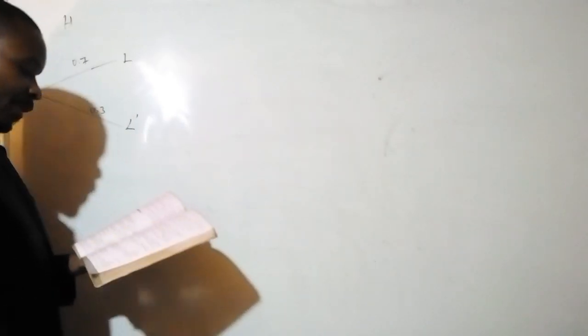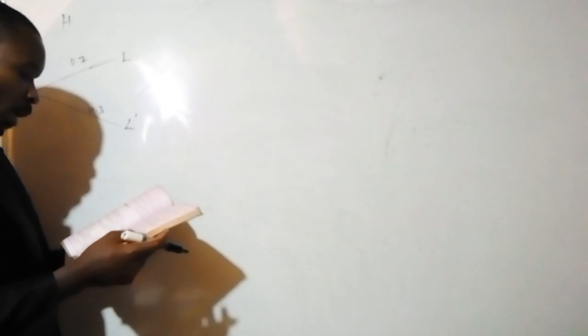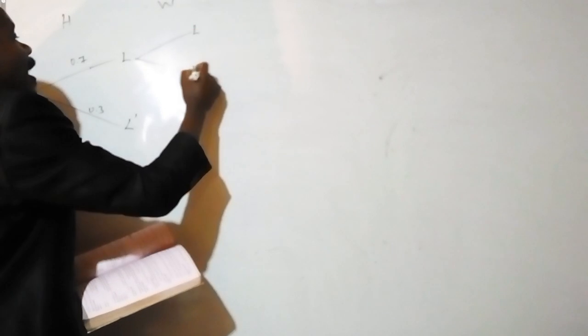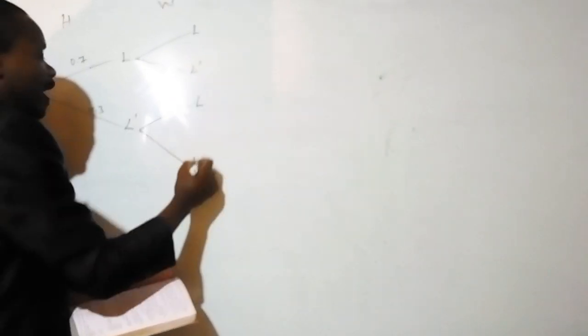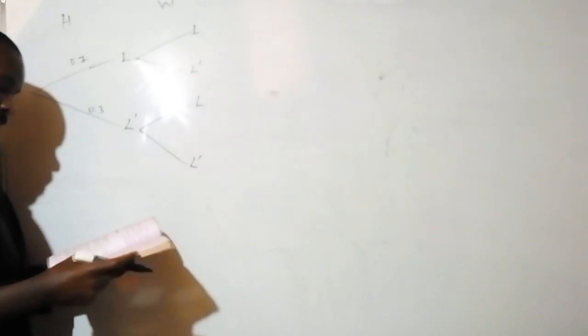Then after that, you can proceed to the woman or wife. Wife alive, wife not alive. The probability of a wife alive is 0.9.